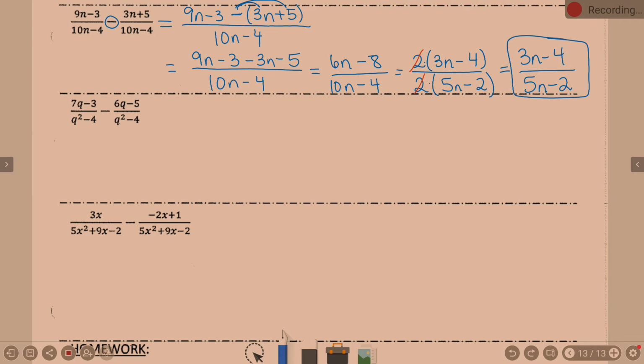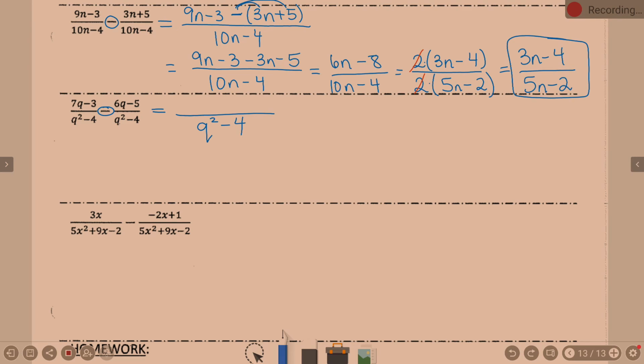Okay. Next problem. 7q plus 3 over q squared minus 4. So again, notice it is a subtraction. The denominator is going to be q squared minus 4.